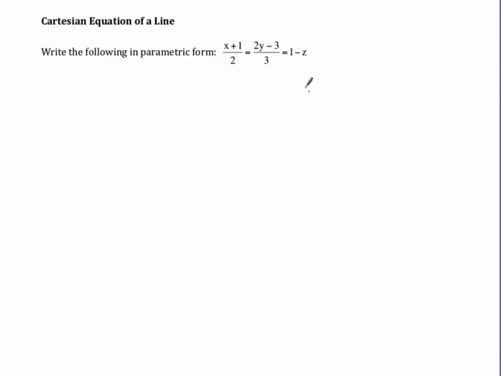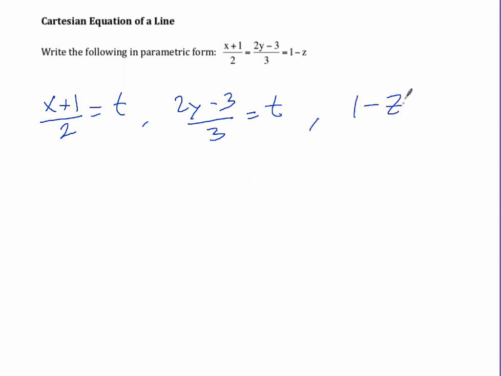Now if we go over to this one, to put it in parametric form, we can write x plus 1 over 2 equals t, 2y minus 3 over 3 equals t, and 1 minus z equals t. So we get x plus 1 equals 2t, x equals negative 1 plus 2t.